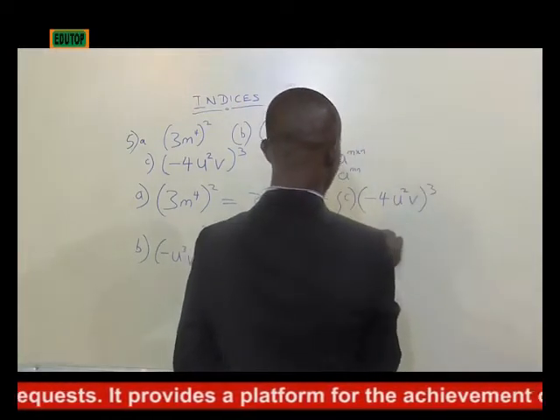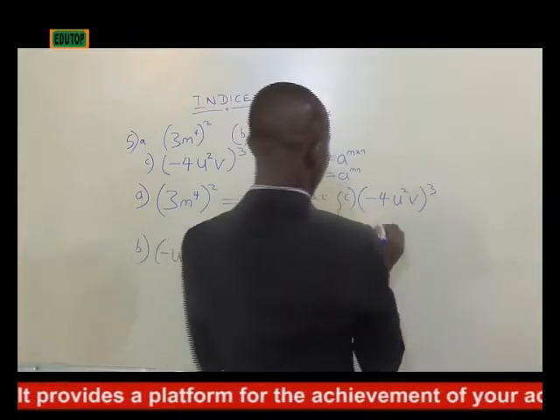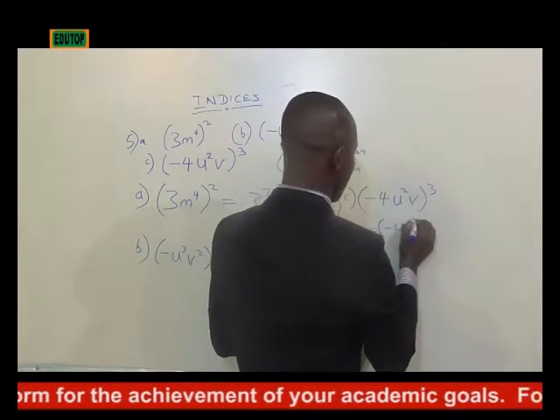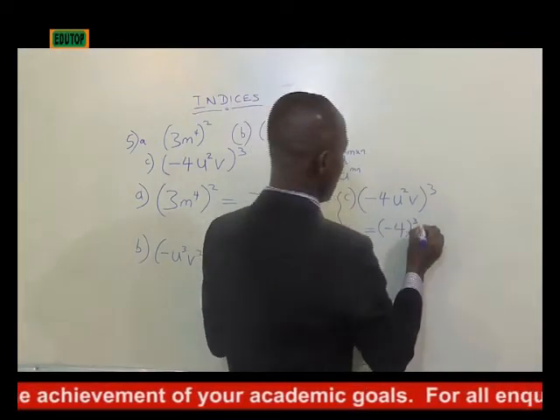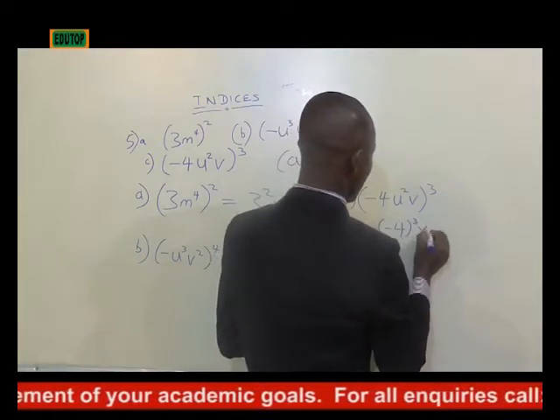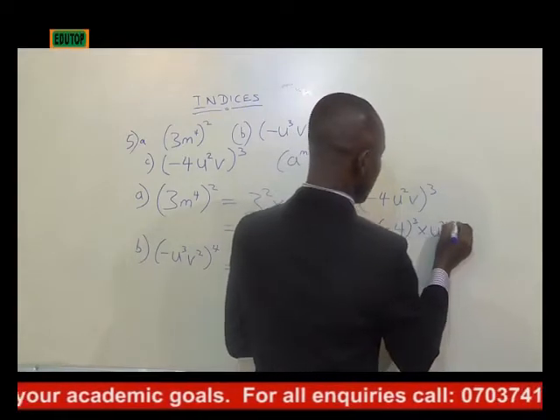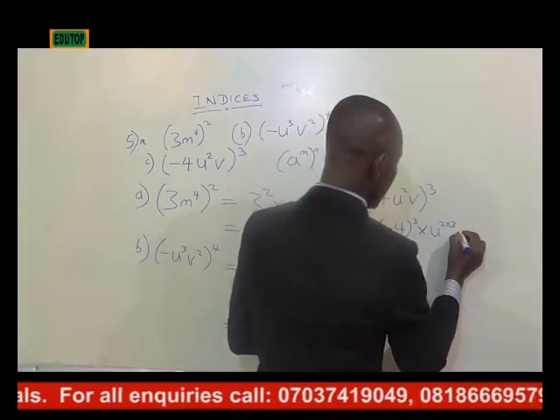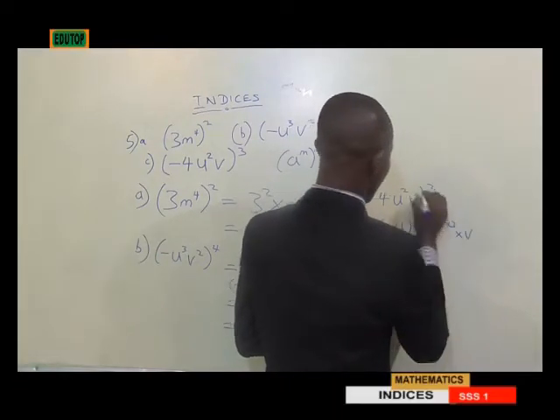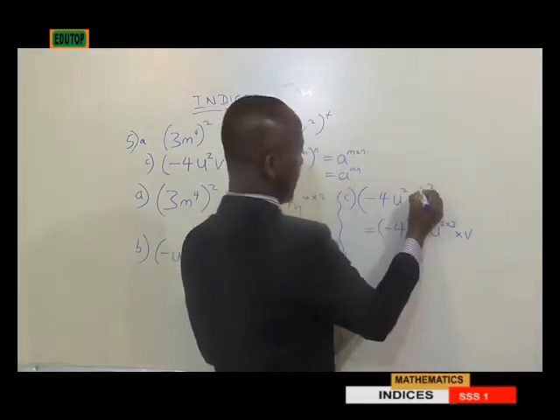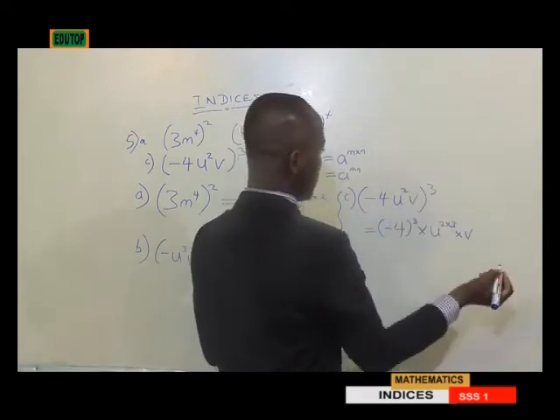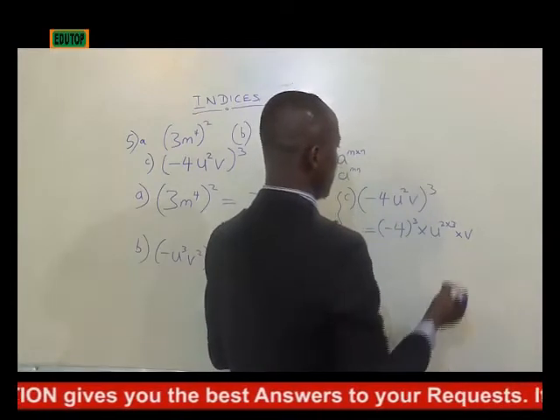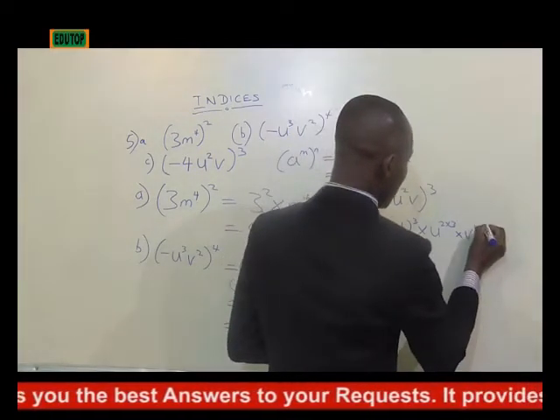This will be equal to minus 4 raised to power 3, times u raised to 2 times 3, then v. This v is like 1, it's just arbitrary, since anything raised to power 1 will still give us back the number. That will be 1 times 3.